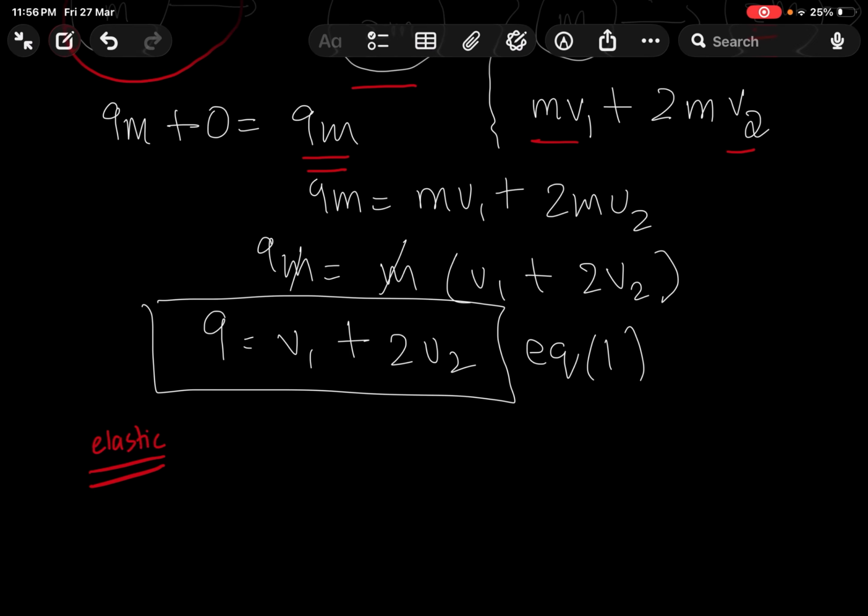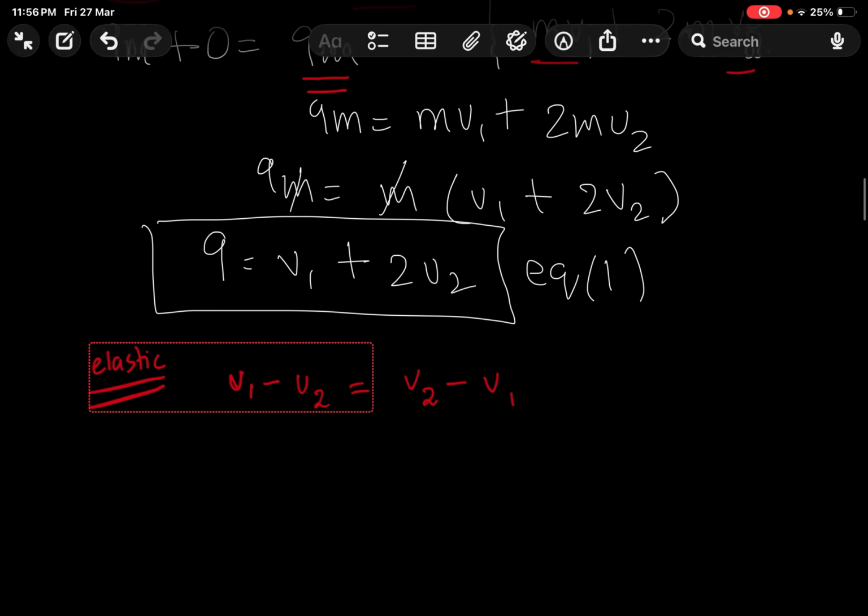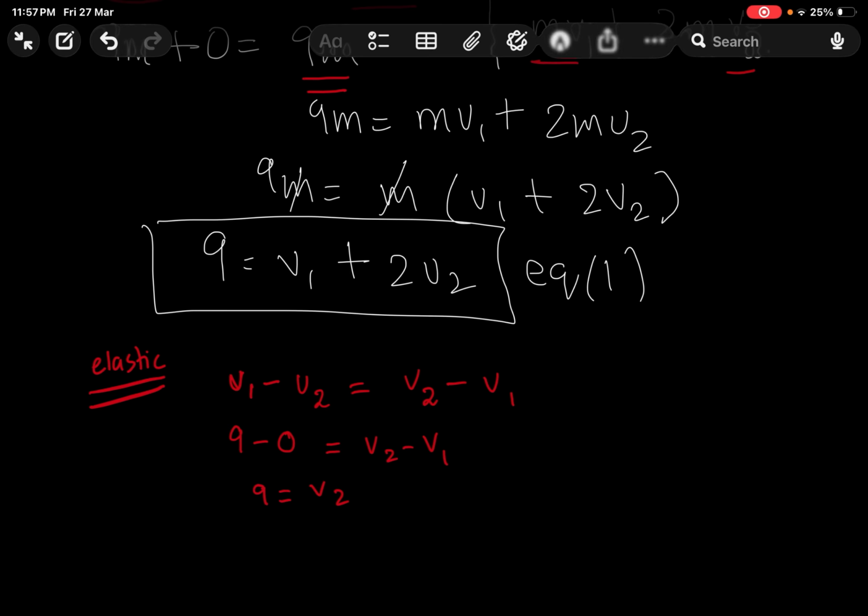First I talk about the relative speed of approach of the two balls, which is u1 minus u2 equals v2 minus v1. Now u1 over here was 9, minus u2 was 0, since the second ball was not moving, and v2 minus v1, I don't know both of them. 9 equals v2 minus v1.